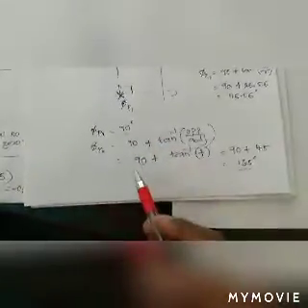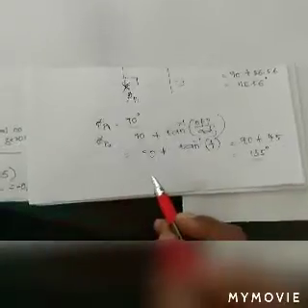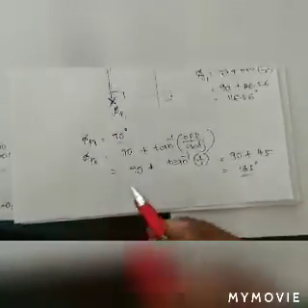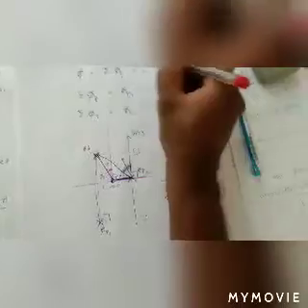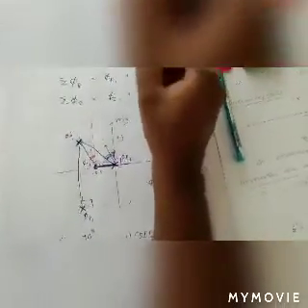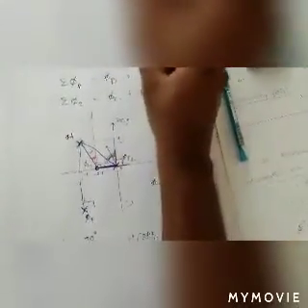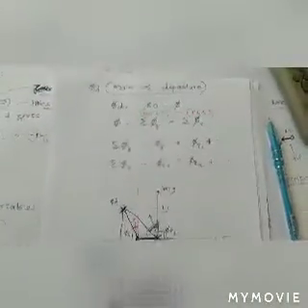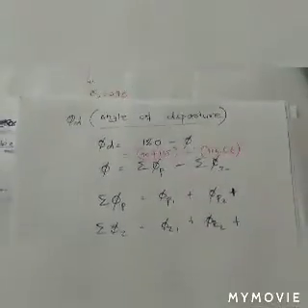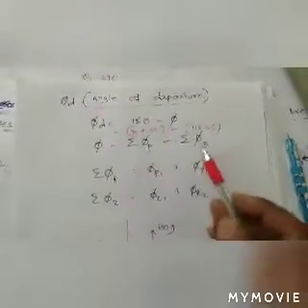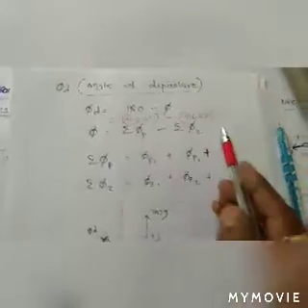We are having two poles. 90 plus 135 minus phi z, 116.56.